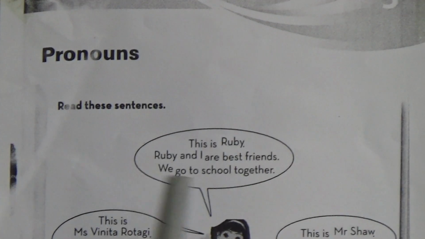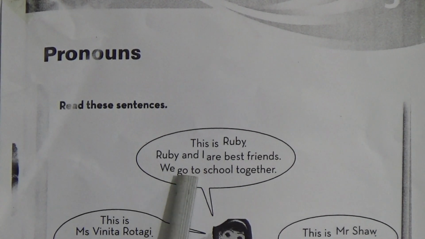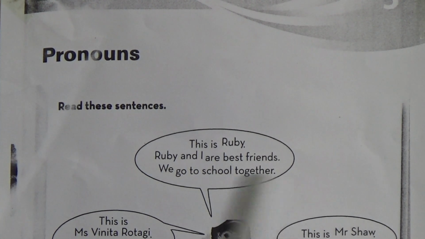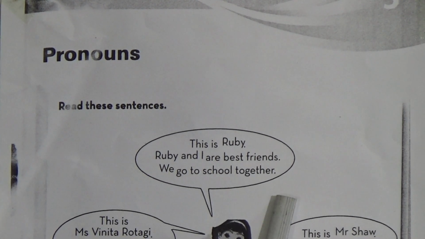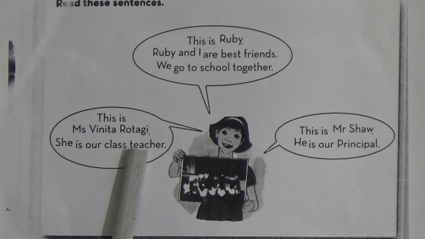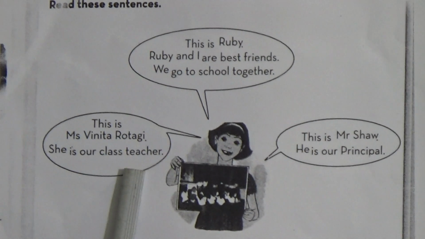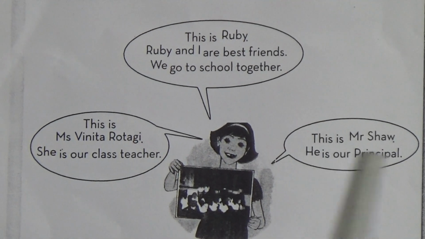So pronoun, read the sentences. This is Ruby. Ruby and I are best friends. We go to school together. So this is Miss Vinita Rutagi. She's our class teacher. This is Mr. Shaw.